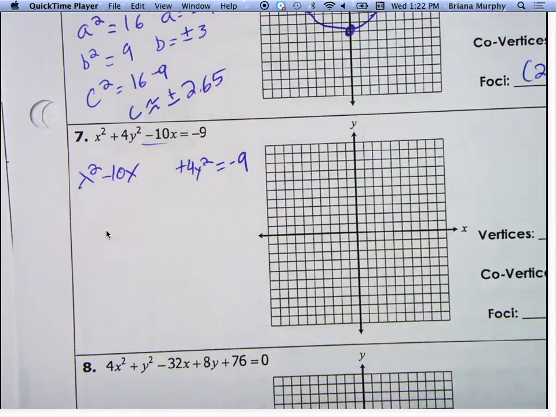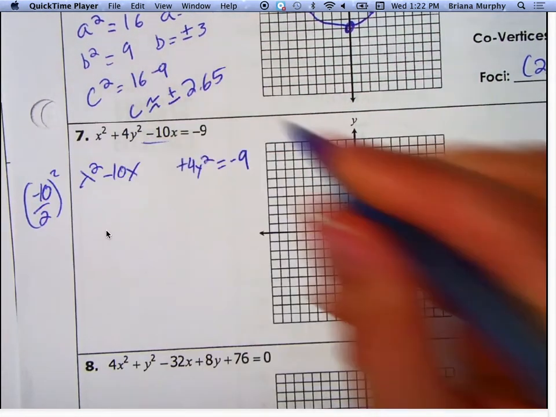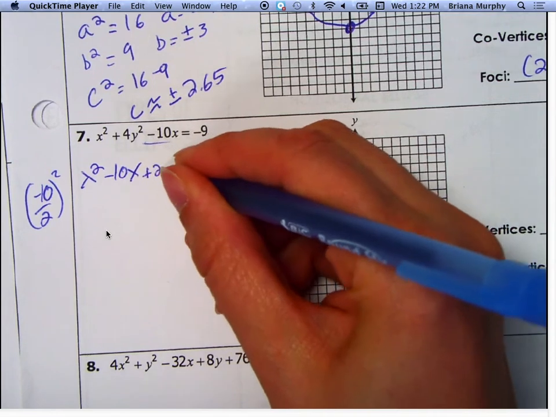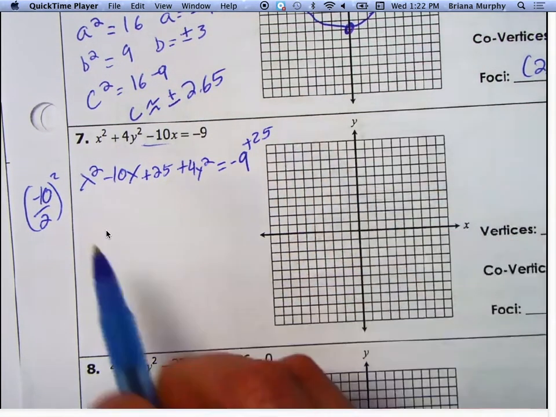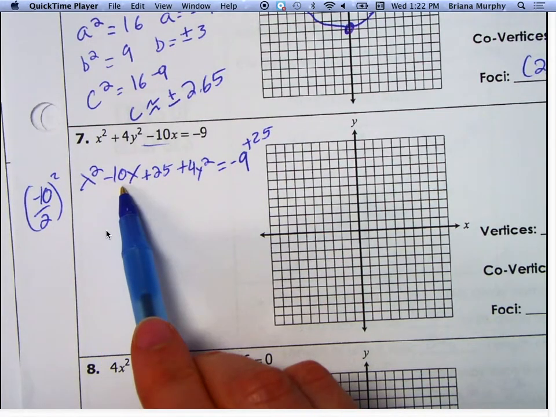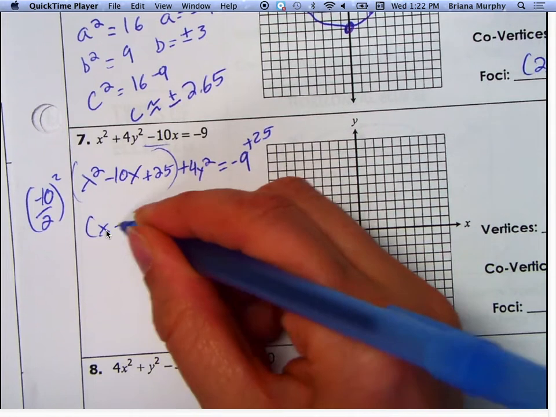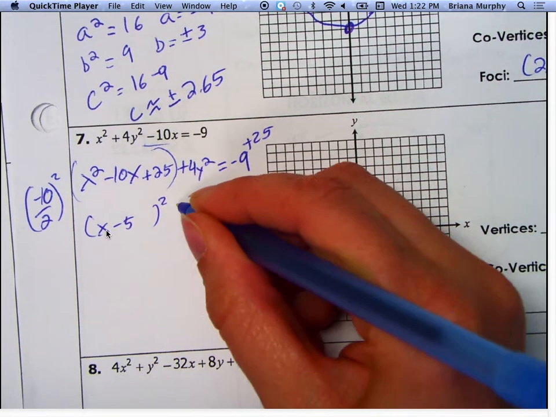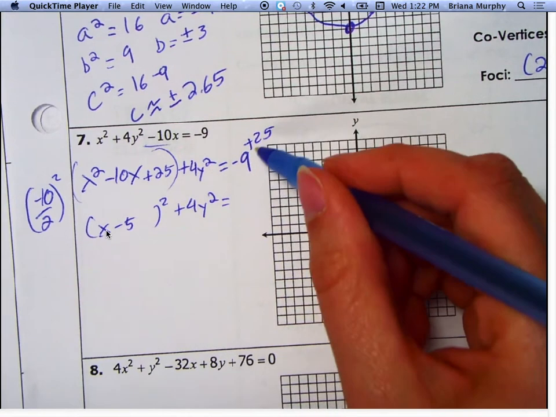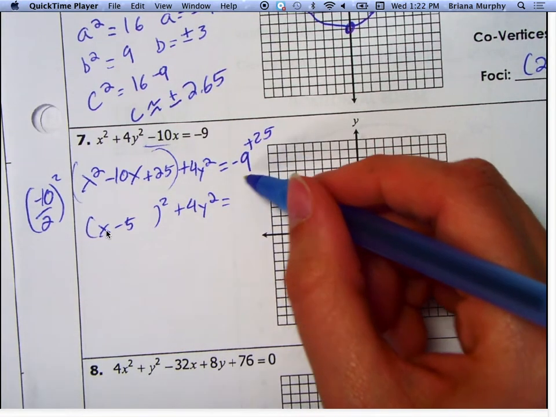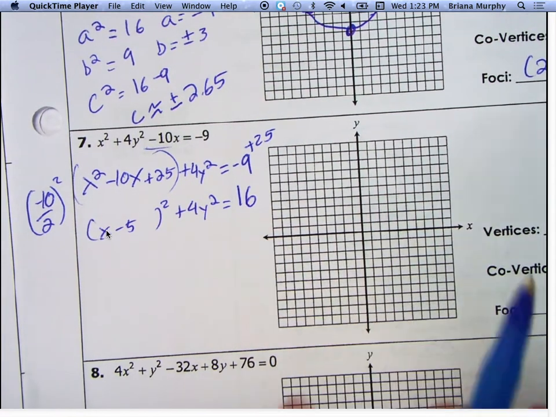What's half of 10? What's 5 squared? So I'm going to have to add 25 to both sides of my equal sign. What is x squared minus 10x plus 25 factored? X minus 5 squared, good. Plus 4y squared equals 25 plus negative 9, which is 16. Can I have anything on this side of the equal sign besides a 1?